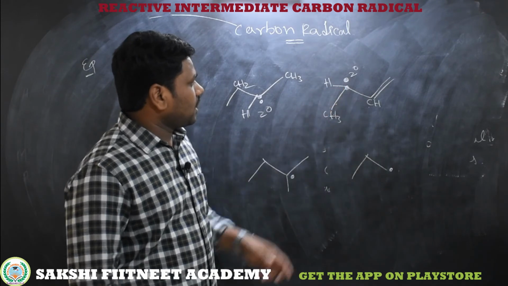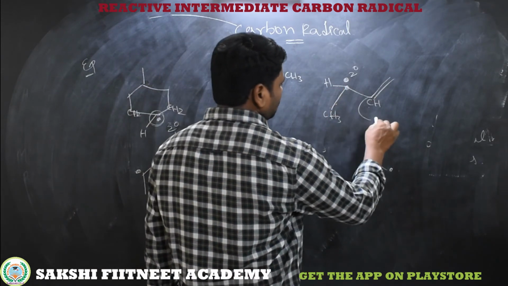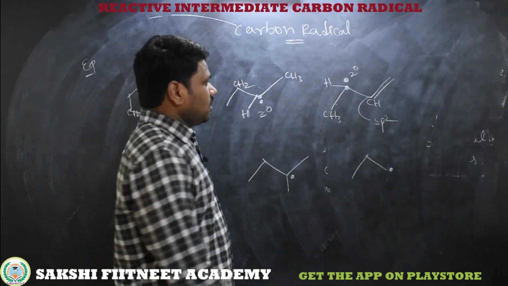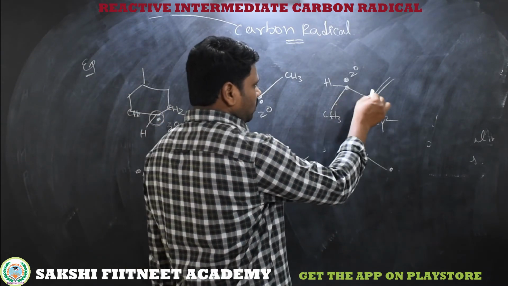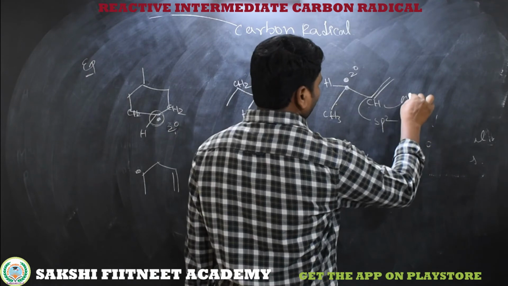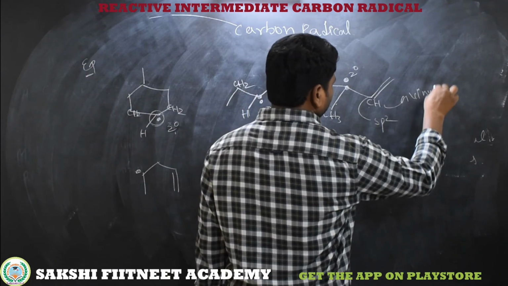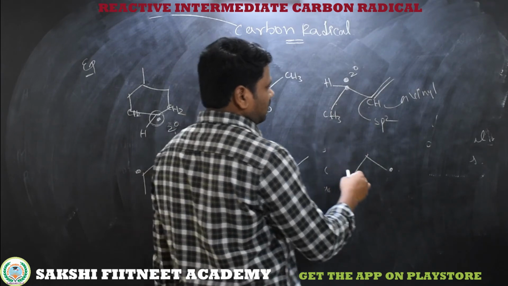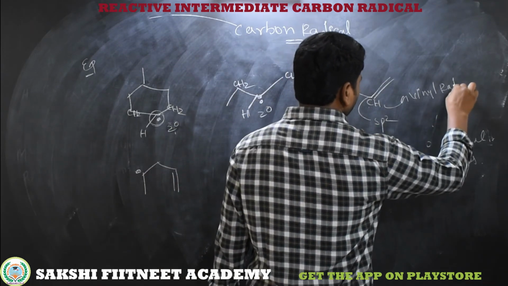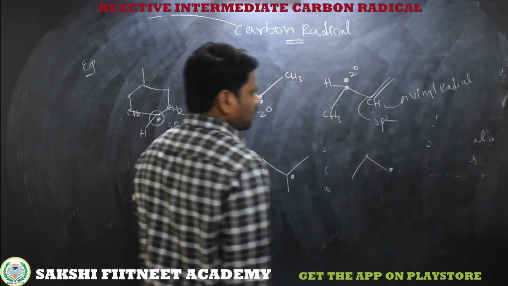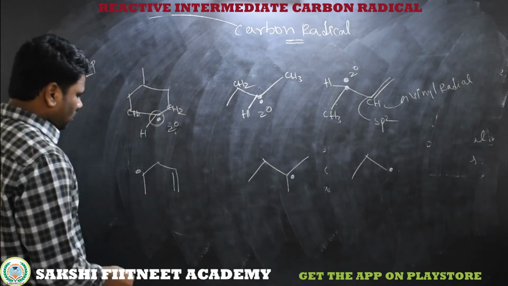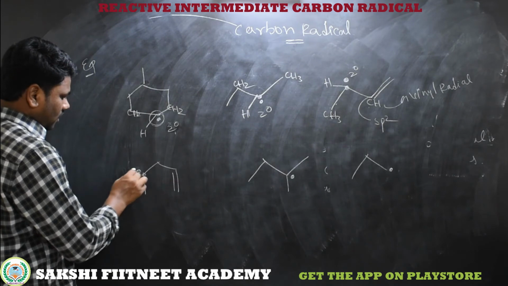Here this carbon radical is bonded to an sp2 carbon. The group or element directly bonded to an sp2 carbon is called a vinyl group. So here the radical is bonded to this sp2 carbon, so it is a vinyl carbon radical.